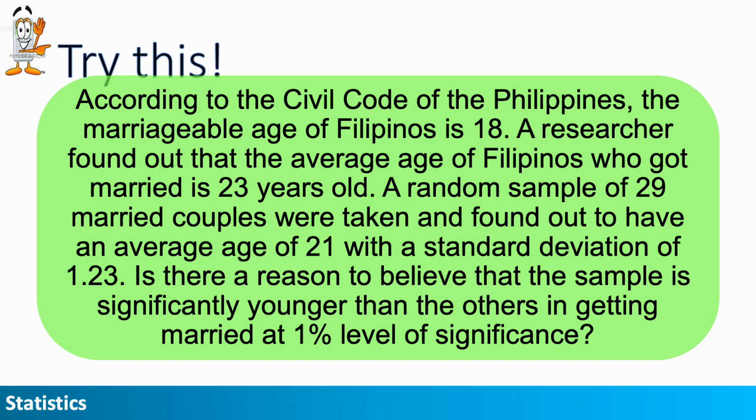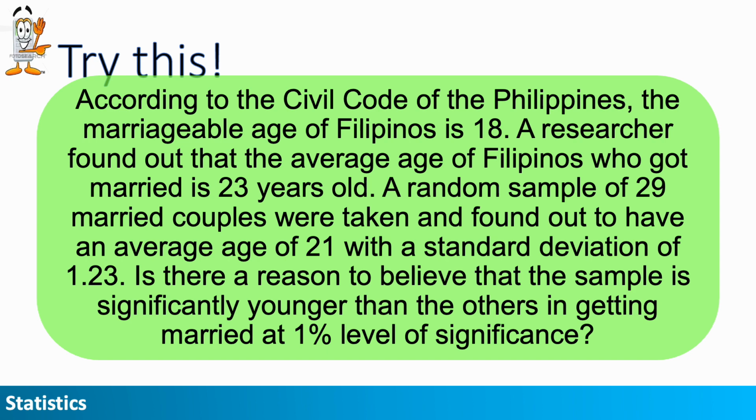It should be less than 23. Since it's given here, the alternative hypothesis that we're going to come up with is less than 23. If that is the case, you know already that we're dealing with a one-tailed computation here.